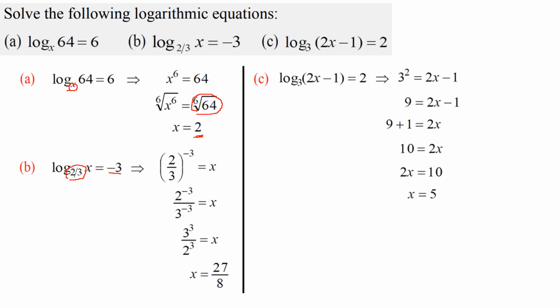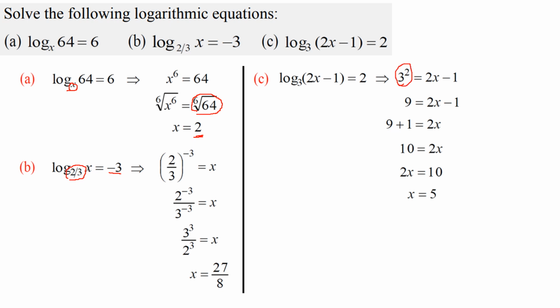Then we have log of 2x minus 1 to the base 3 equal to 2. So here the value is missing. We have two terms, and it's okay. First you have to form an exponential function. So 3 power 2 is 2x minus 1. And get the value. What is 3 power 2? 3 power 2 is 9.